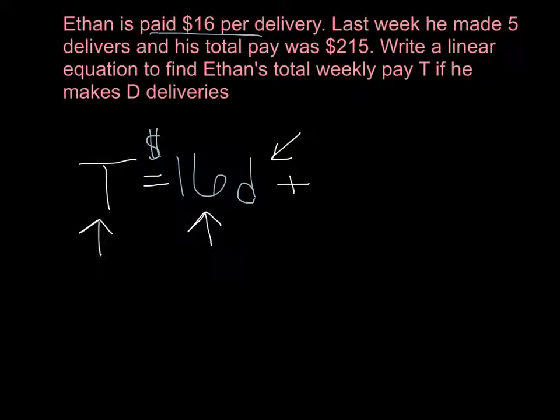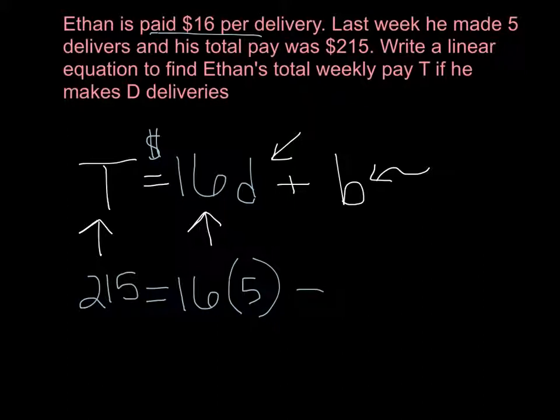If we're writing it in a linear form, we need to find b. So I'm going to plug in: 215 equals 16 times 5 plus b. So we do 16 times 5, which will give you 80. So then you subtract 80 from both sides to solve for b, and that means that b is 135.